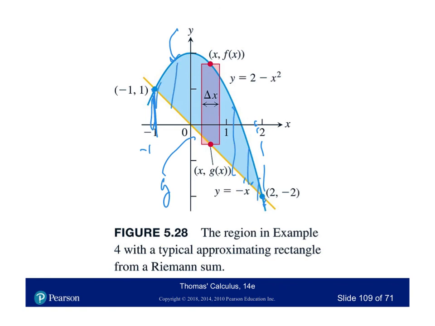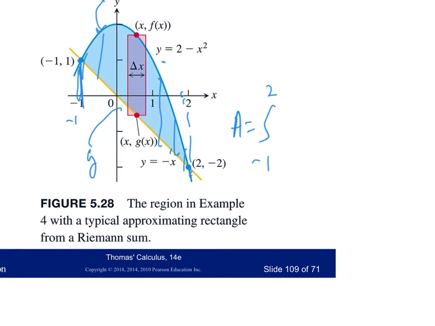This would be an example where you could do the area is the integral from -1 to 2. The top function is an upside down parabola, 2 minus x squared, put it in parentheses, minus the bottom function is just a line, y equals -x dx.